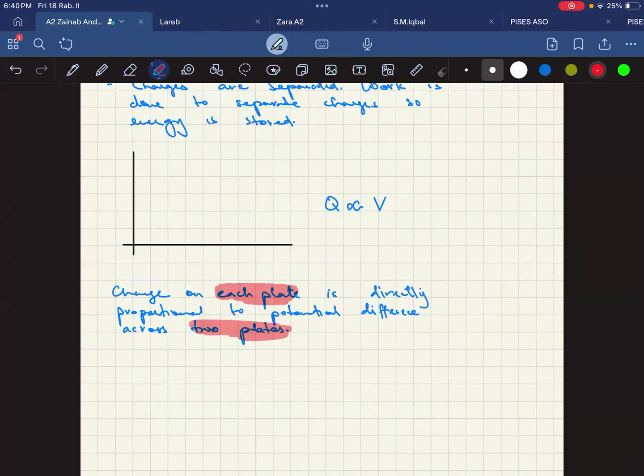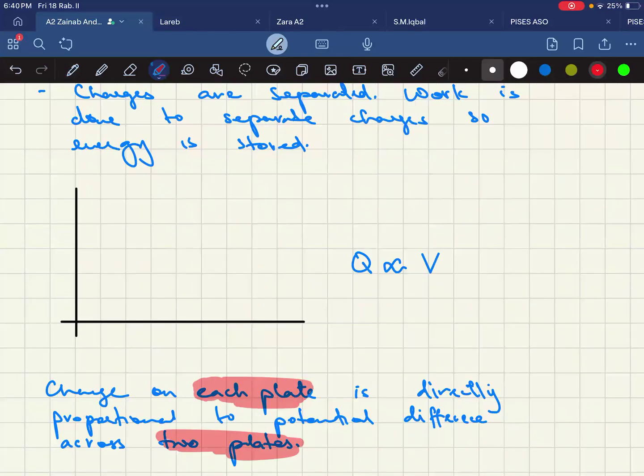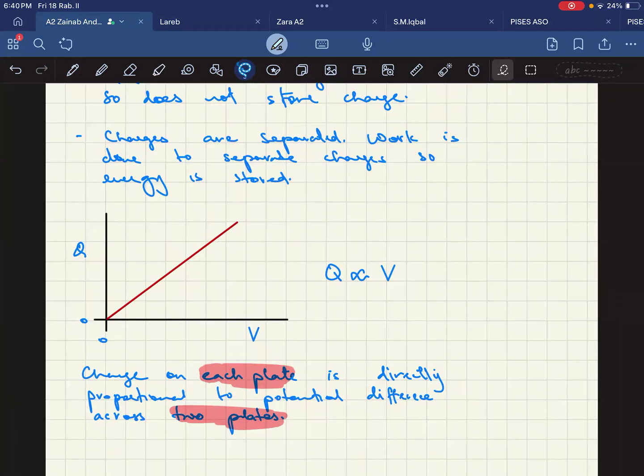So that's the reason why, if I draw a graph of charge on the y-axis and potential on the x-axis, definitely it would be a straight line passing through the origin, since a direct relationship is shown in this way. This is the relationship between charge and potential difference.